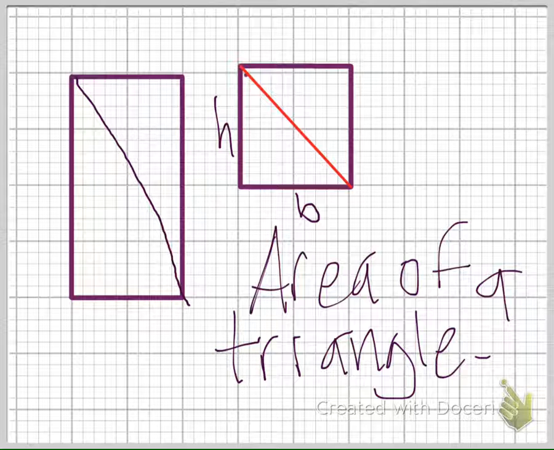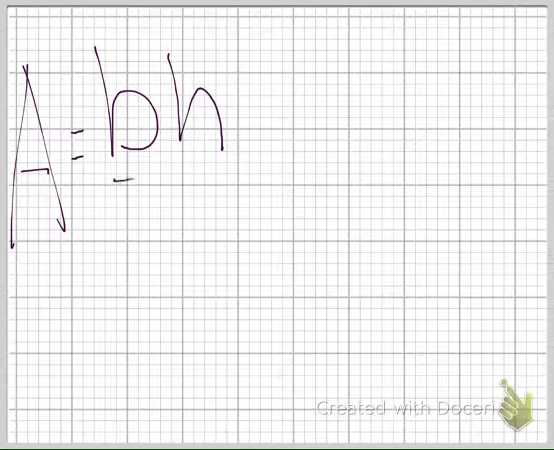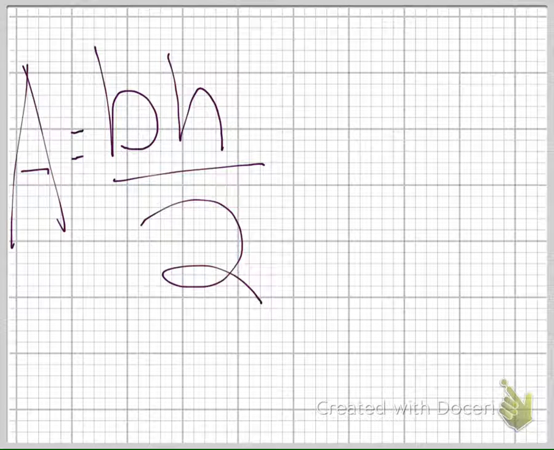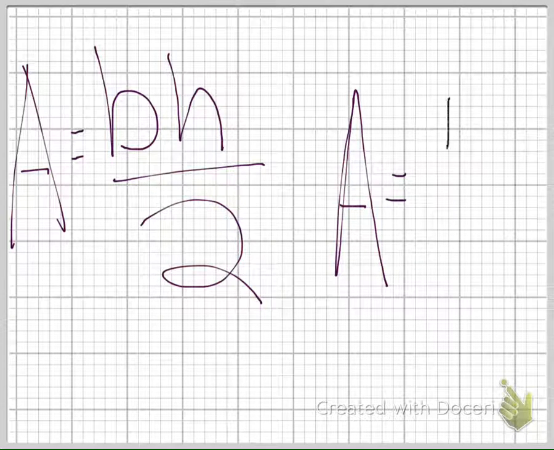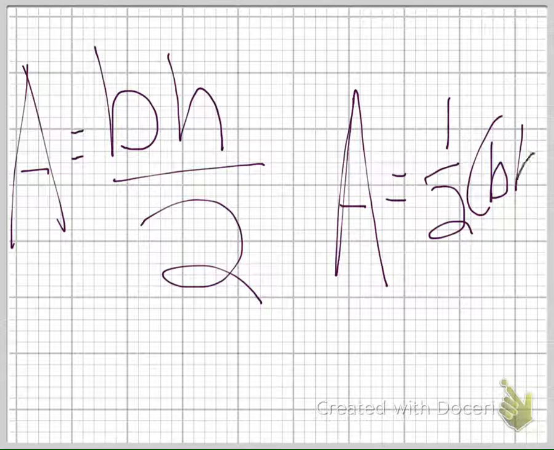So the area for a triangle is base times height divided by 2, or as you will often see it written, 1/2 times base times height. Because as we all remember, of course, multiplying by 1/2 is the same thing as dividing by 2.